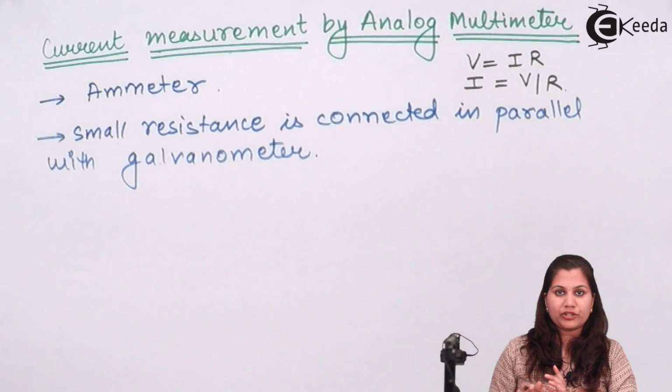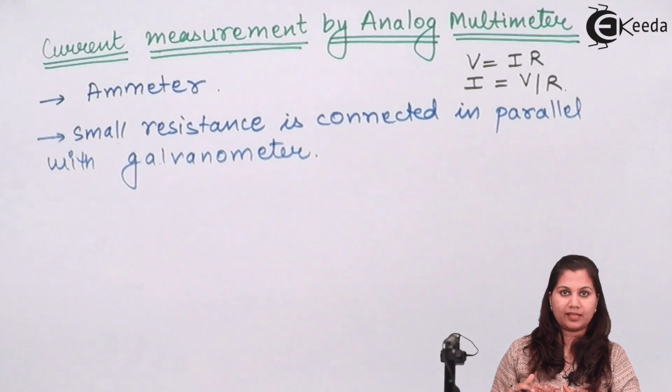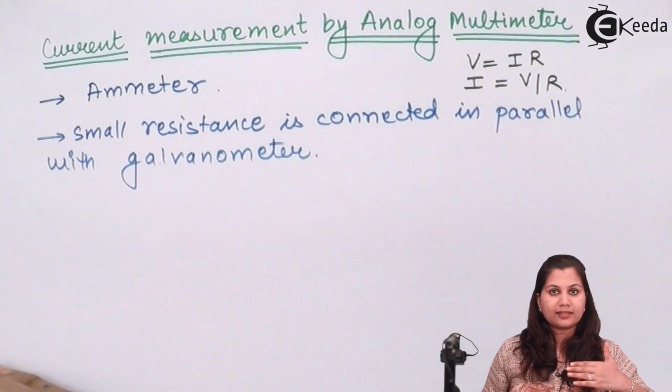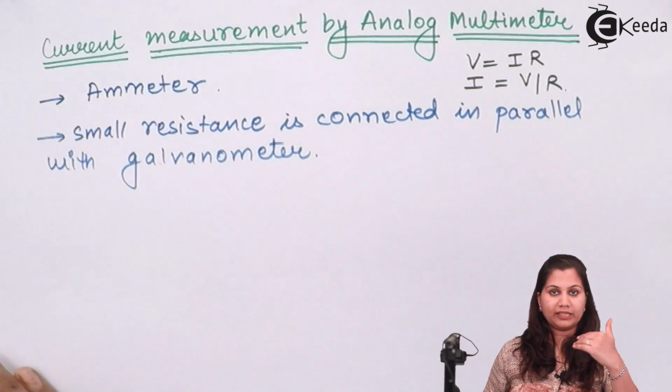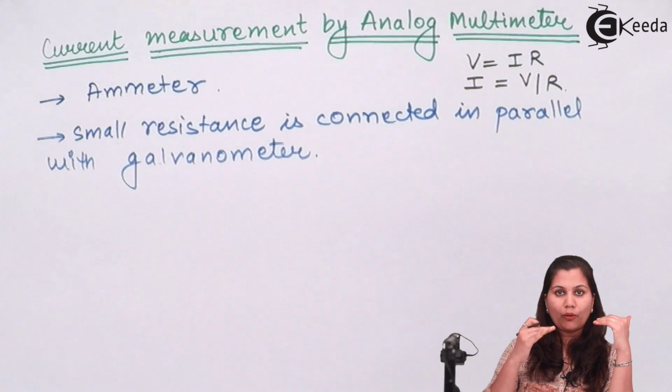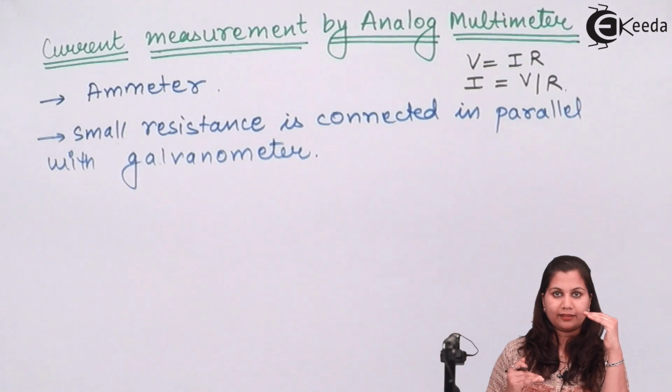So if we want to measure a large value of current, we have to reduce the resistance. As the current range which we want to measure from the multimeter is increasing, the value of the resistance which is connected in parallel is decreasing.